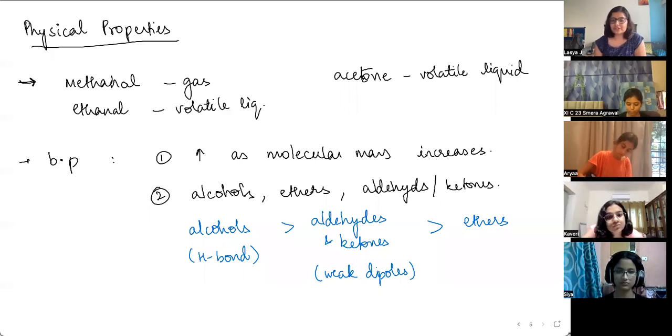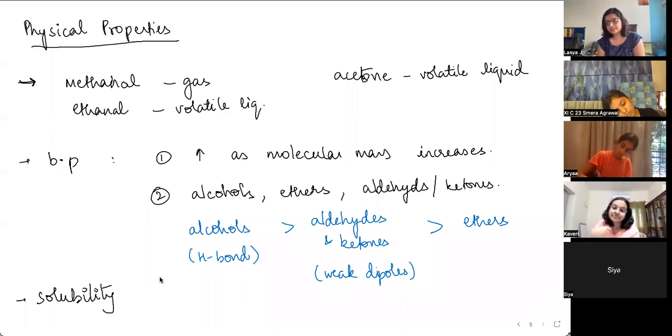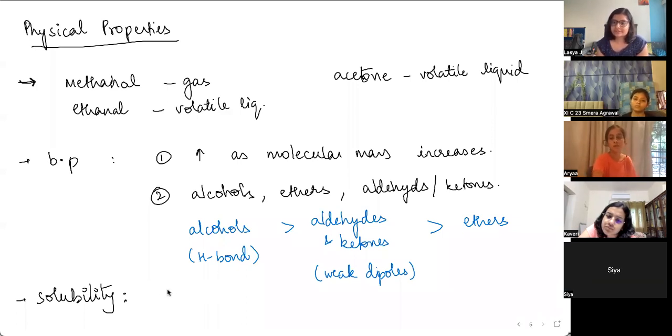Next comes solubility. Do you think aldehydes and ketones are soluble in water or insoluble? Lower ones will be soluble.